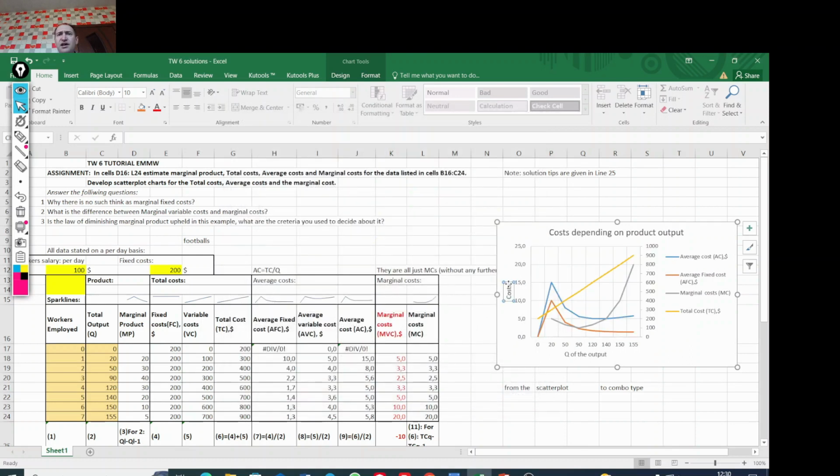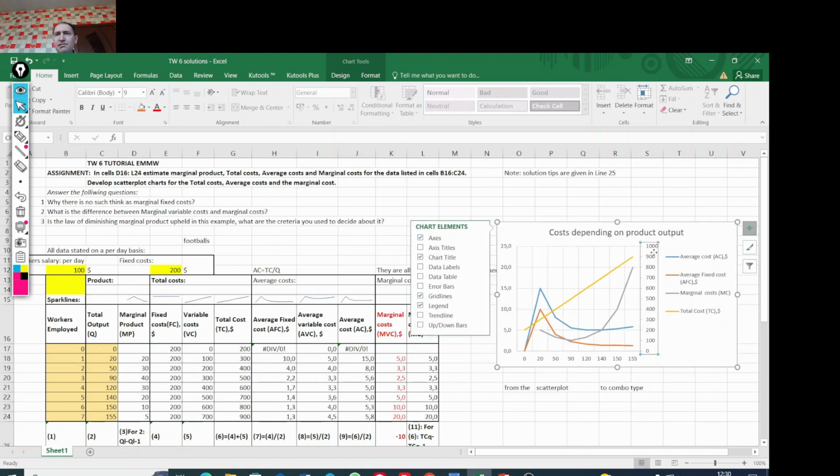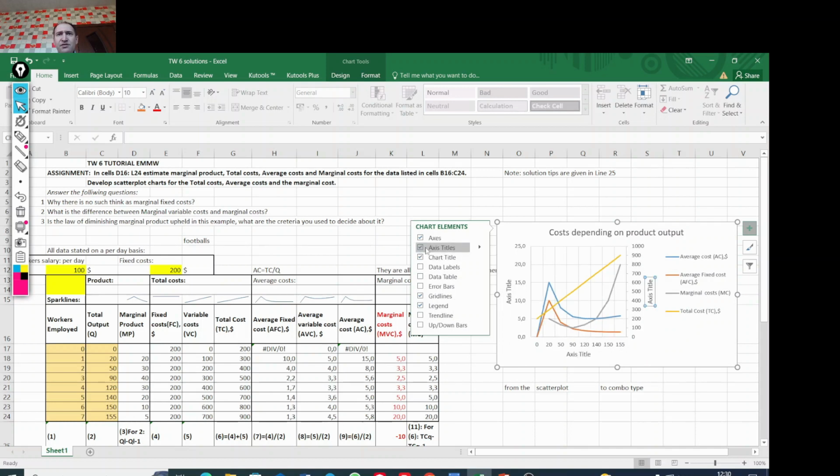Now we have the left axis for average and marginal costs, and the right axis for the total cost, and obviously we need to adapt. Can we add a title for the new axis? I'm not sure if we can. Yeah, we can.